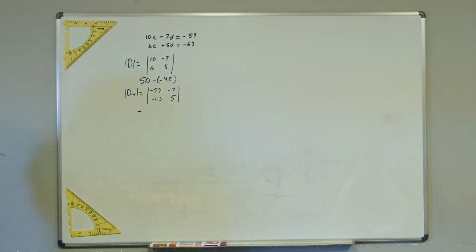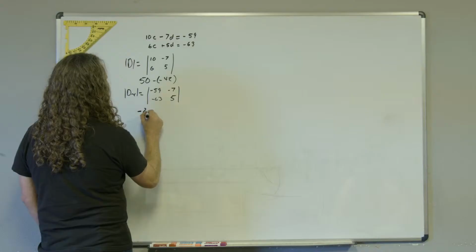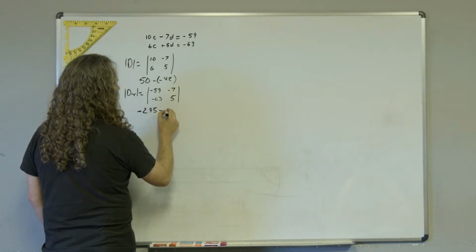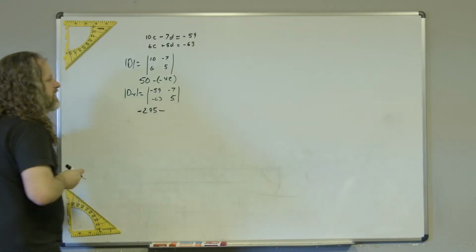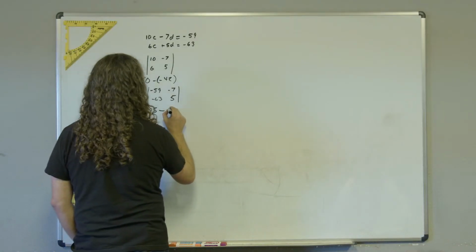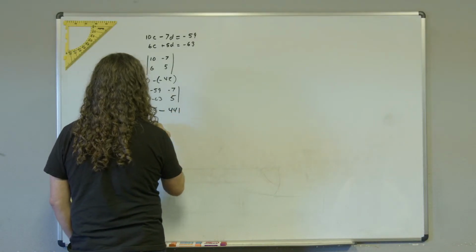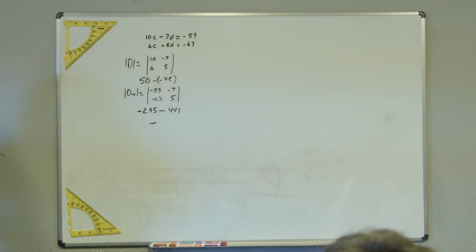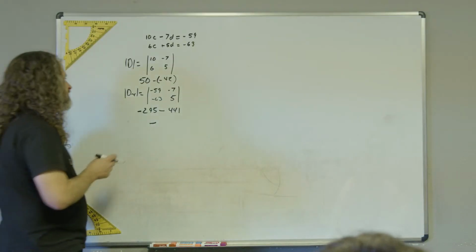Yeah, that's what my brain told me too. But we gotta make sure what things are happening. And then 63 times 7 is 441. And then that combined together is negative 736.